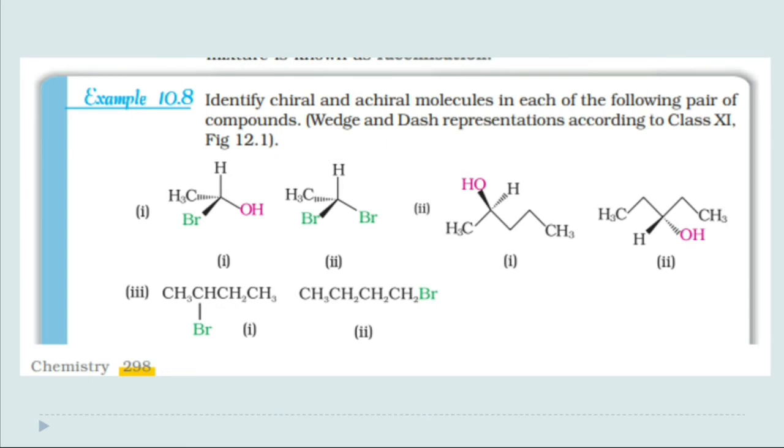Okay, so let's focus on these questions. In the first one, just see if the carbon is chiral, yes or no. Yes, it is chiral because all the four groups are different, so it is chiral and optically active. Okay, now see this second one. There are two groups which are similar, and if this kind of structure is there, that means this is not chiral, this is achiral.